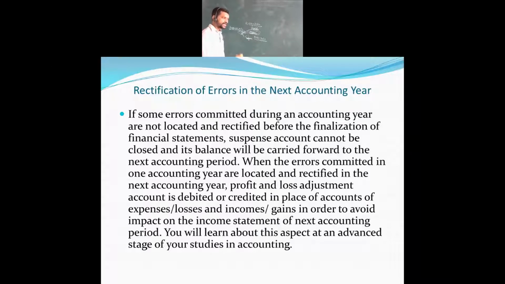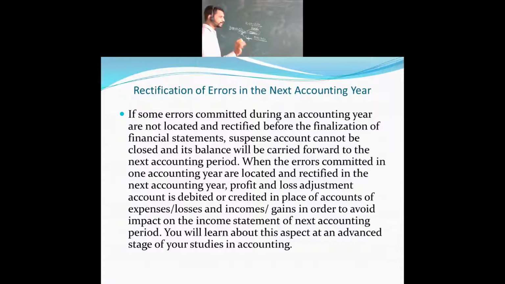Then when the errors committed in one accounting year are located and rectified in the next accounting year, the profit and loss adjustment account will be debited or credited in place of the accounts of expenses or losses and income and gain, in order to avoid the impact on the income statement of the next accounting period.